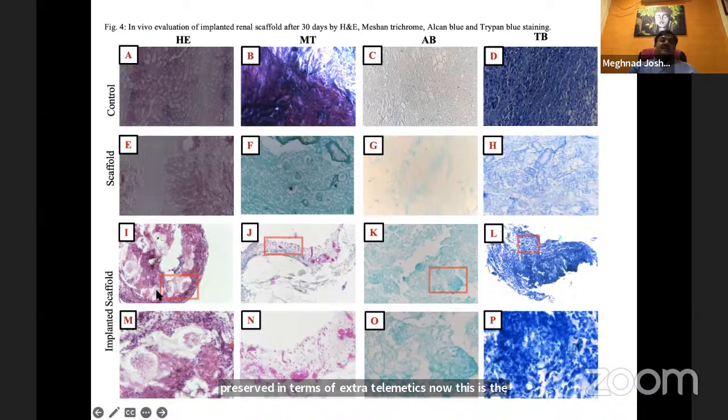Because we harvested this piece after 1 month, we have not found the complete structural integrity of a kidney tissue, but there are cells which are recruited at the glomeruli sites, and there are developing cells which are starting to structure the kidney tissue, which can be observed by the different staining. So there are a lot of rat cells. Actually, they come into the goat tissue and they started to form a kidney structure.